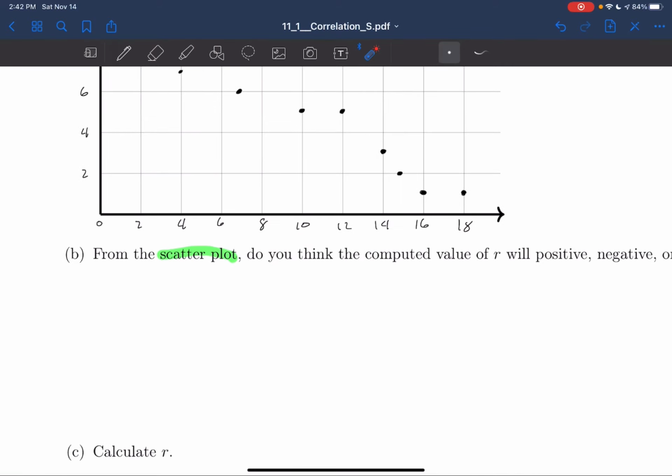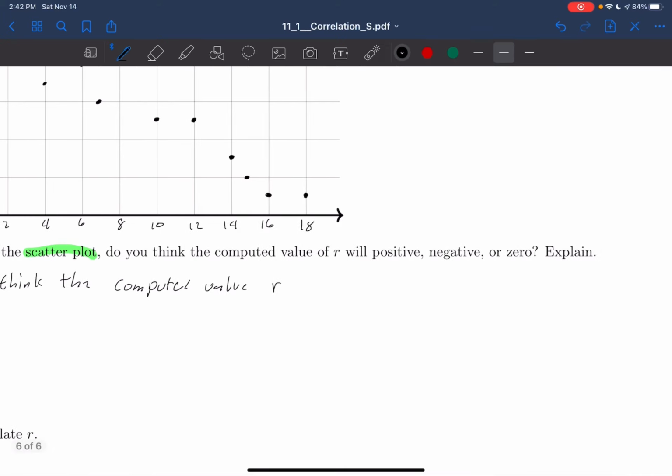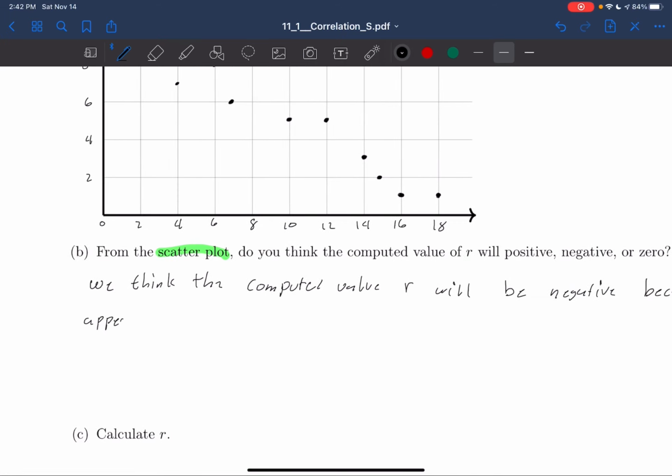Okay, so here we think the computed value R will be negative because there appears to be a negative linear relationship.